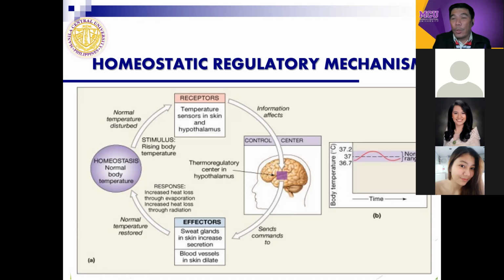So the signal will no longer go to the effector because the brain itself is the one being affected. That's why in that situation, it may stop the function of the control center. It may not respond to restore equilibrium because the brain was already blocked when it comes to that effect. So what is the problem now?